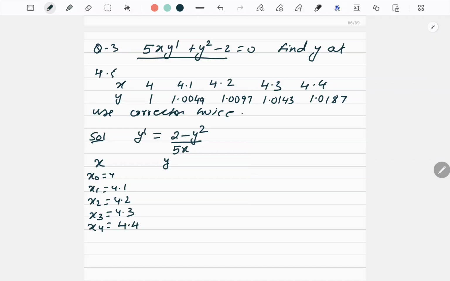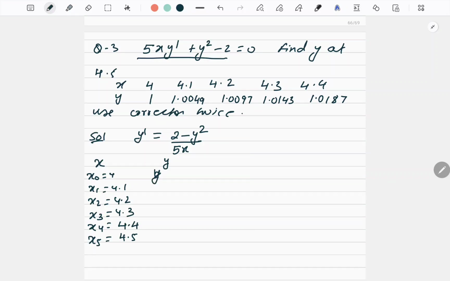Okay, so I got x4, then x5 is 4.5. If you have noticed here, they have given me till x4 and they are asking me to find out y5.